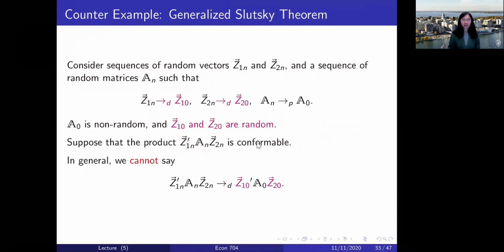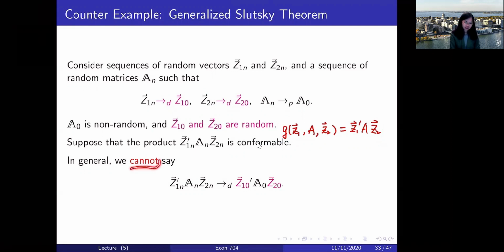Now let's consider a counterexample where you cannot apply the generalized Slutsky theorem. Suppose that not only Z2n converges in distribution, but also Z1n converges in distribution instead of converging in probability. So now you have two random vectors that converge in distribution separately, and An converges in probability. The G function is the same. It's continuous everywhere. Continuity is not a problem.